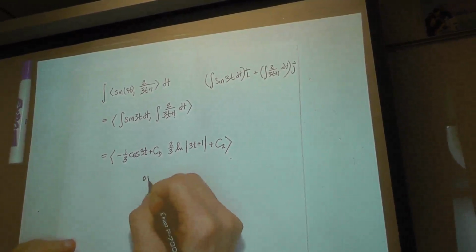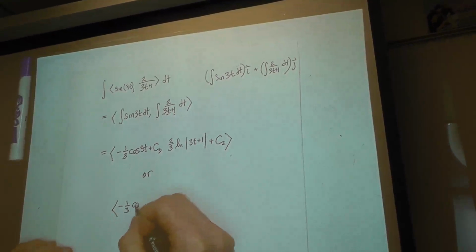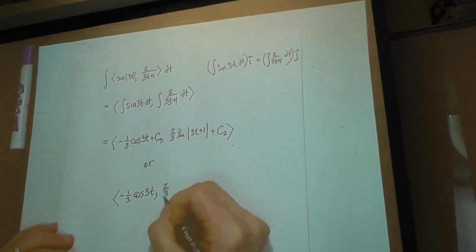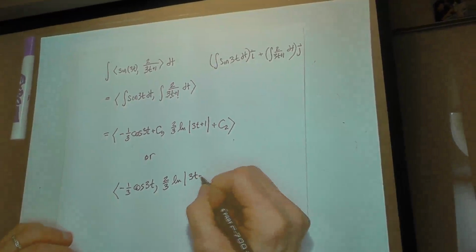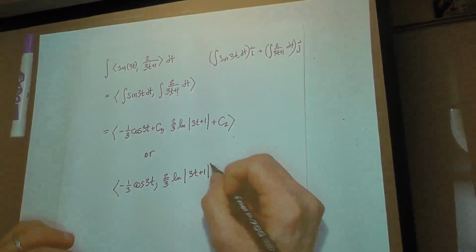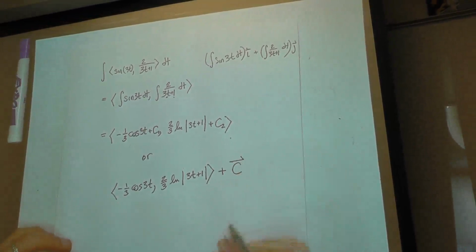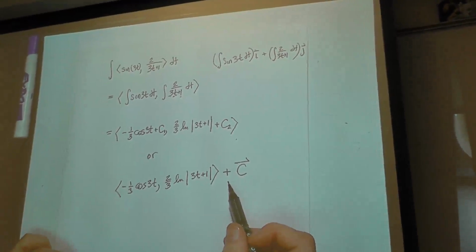Or this could be written minus 1/3 cosine of 3t, 2/3 natural log absolute value of 3t plus 1, plus c, as long as you make sure it's a vector.